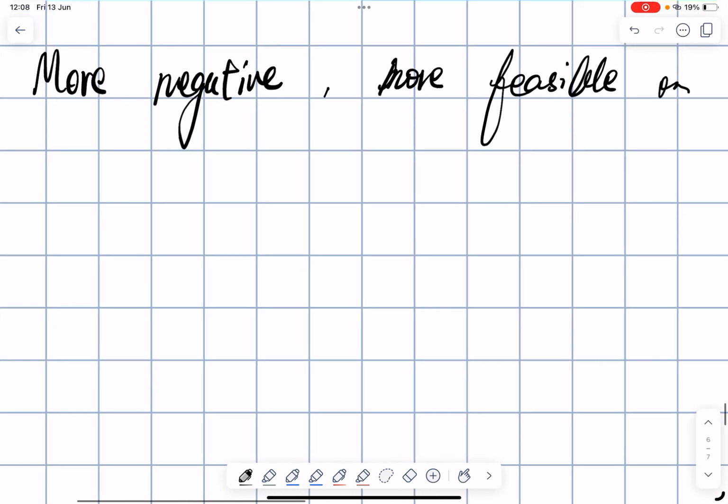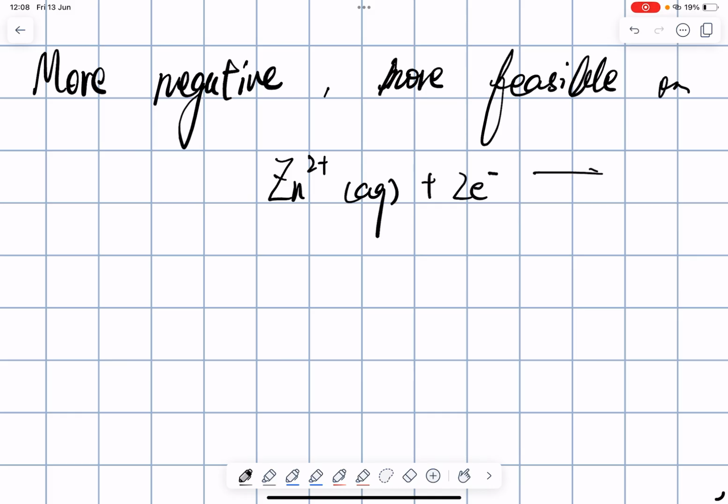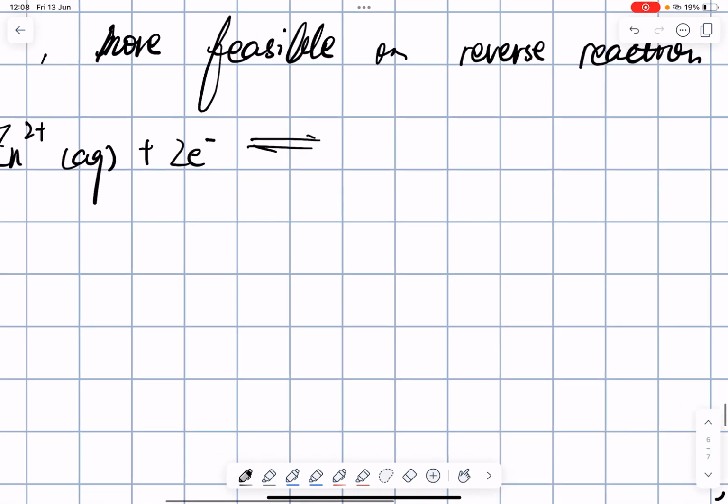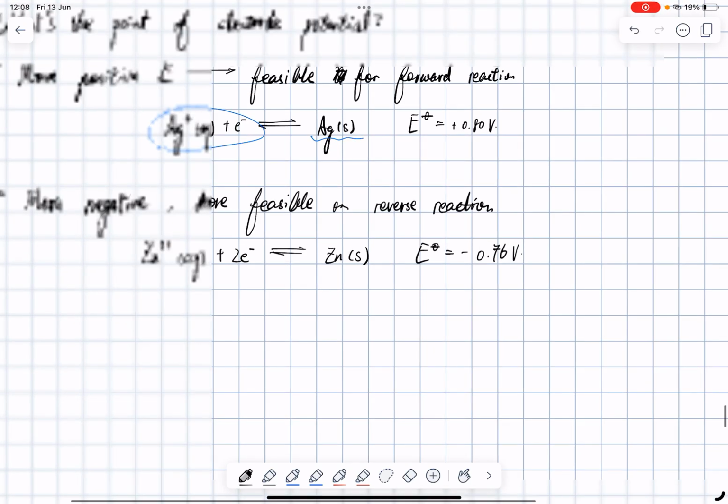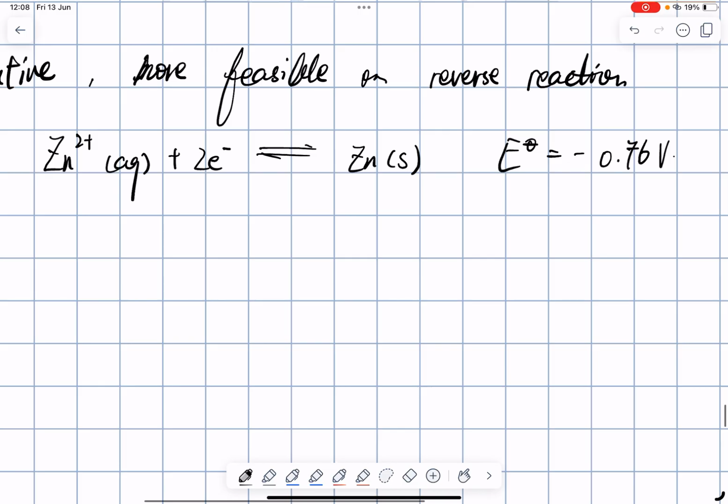A good example will be zinc. Zinc 2+ aqueous plus 2e- gives zinc solid, and the standard electrode potential equals minus 0.76 volts, which means it's not feasible to generate zinc solid.